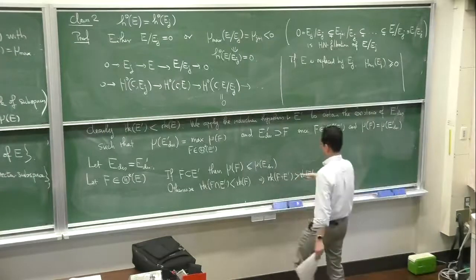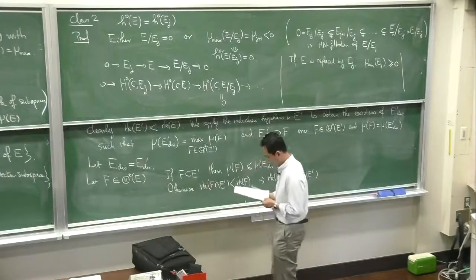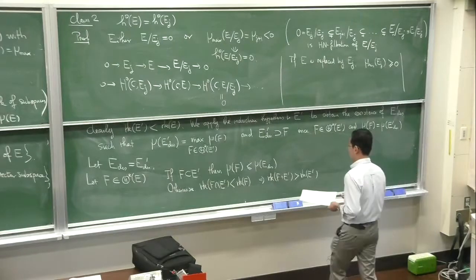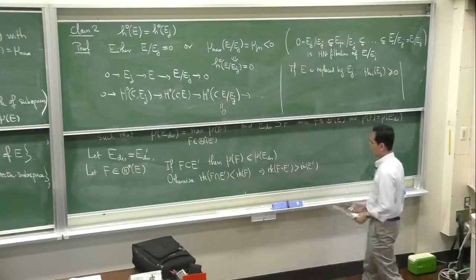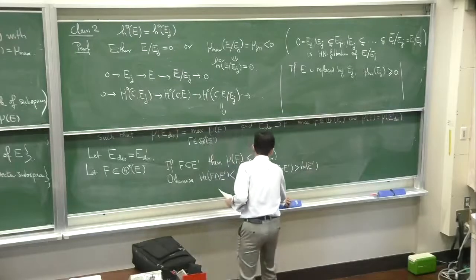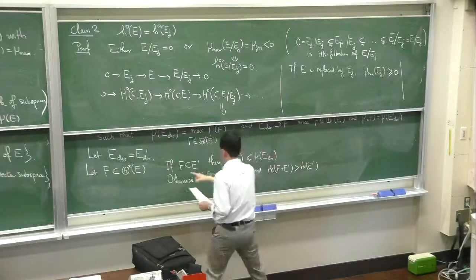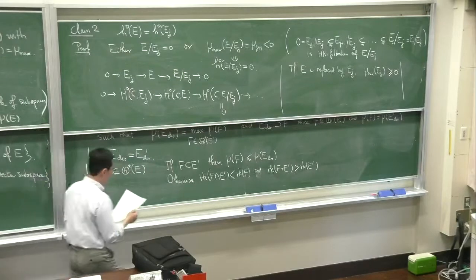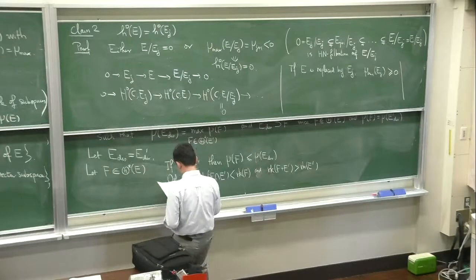So both these two inequalities are consequences of f not included in E prime. These are all conclusions of the hypothesis that f is not included in E prime. So f intersection with E prime is included in E prime.